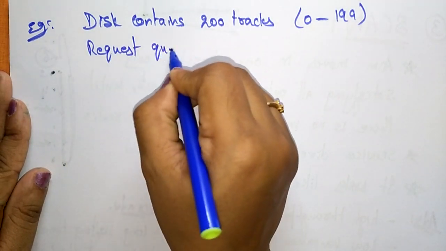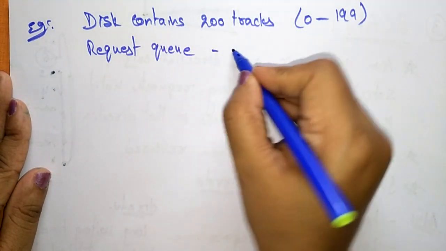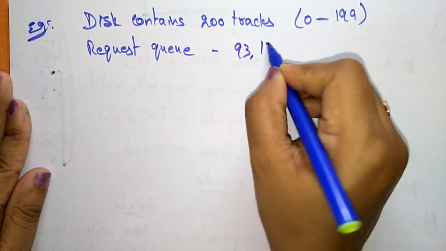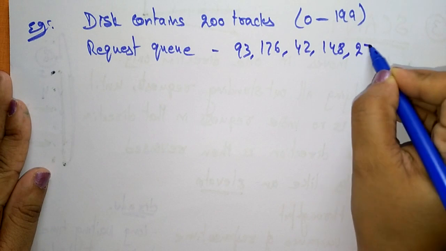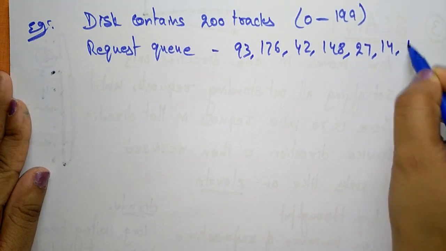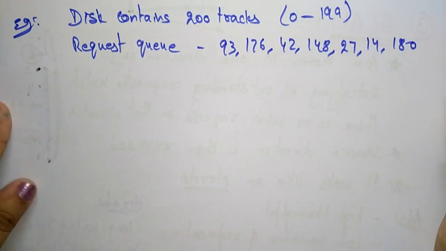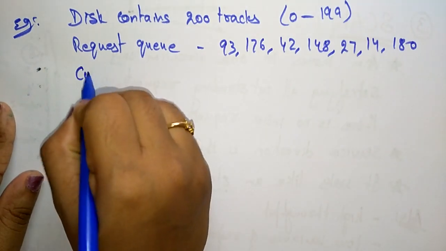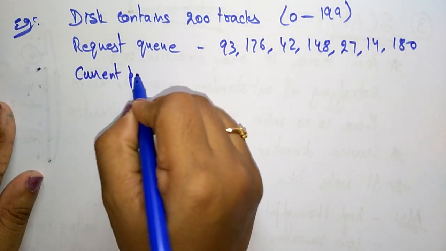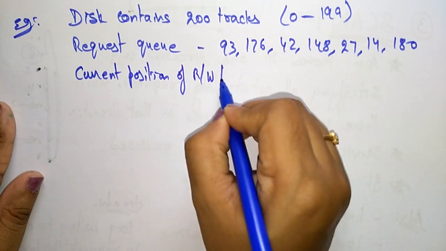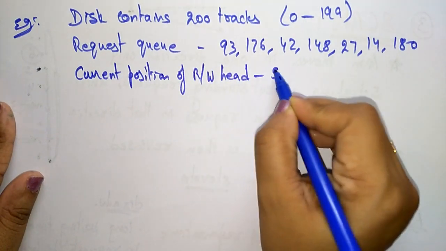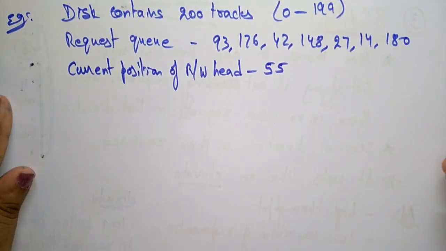The request queue contains track numbers 93, 176, 42, 148, 27, 14 and 180. And the current position of the read-write head I am taking as 55.